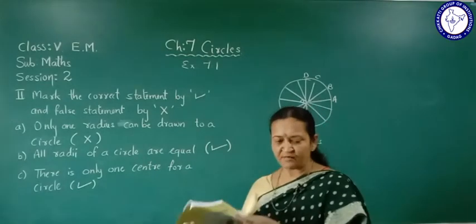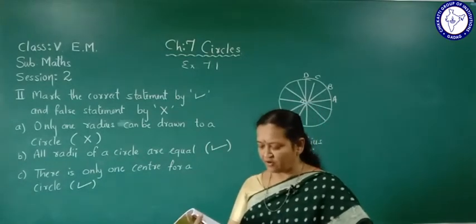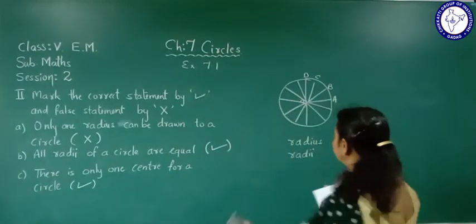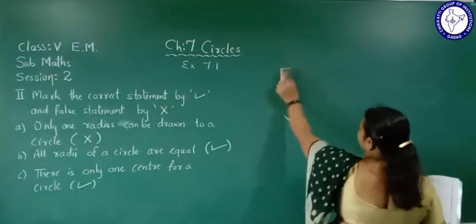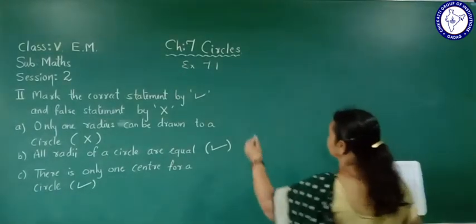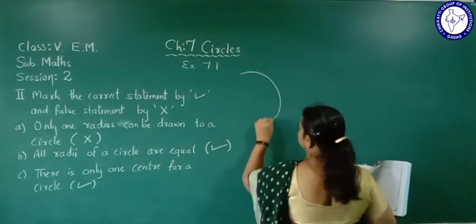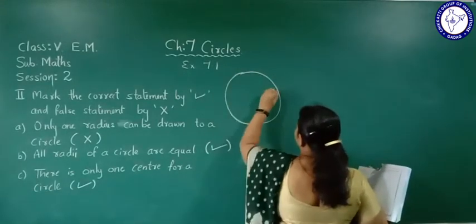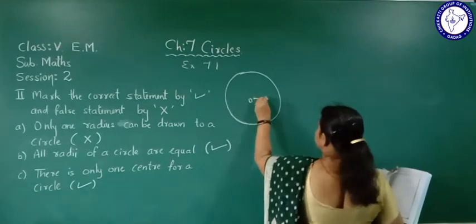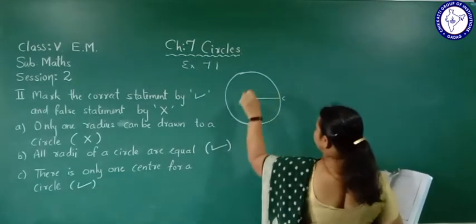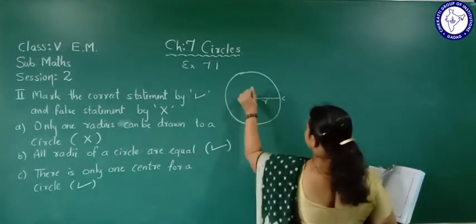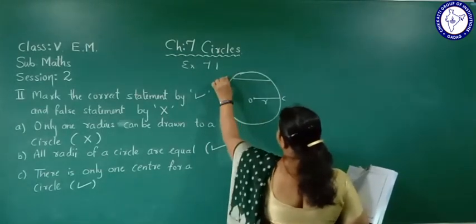So here next one, in the figure OC is the measure of the radius. For D question we have one figure where O is the center of the circle, C is point on the circumference of the circle, OC is radius, and another line is drawn AB.